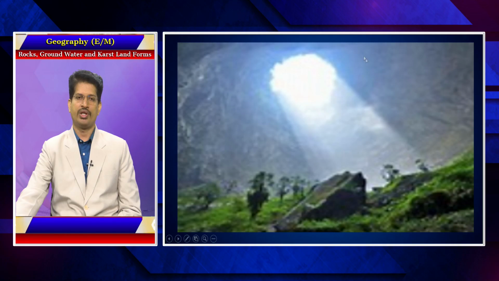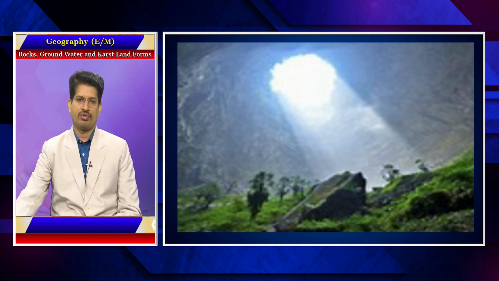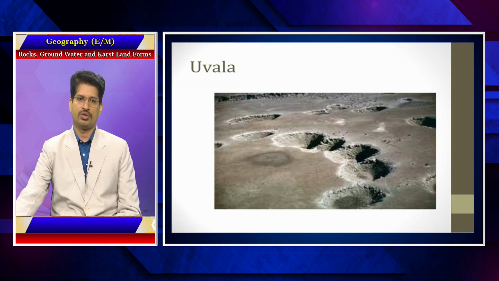This is an opening into a cave where the sun rays are able to pass through the hole when the sinkhole has been extended to form a blind valley or a polje, etc. When the light enters into the cave, this is the view inside the cave.